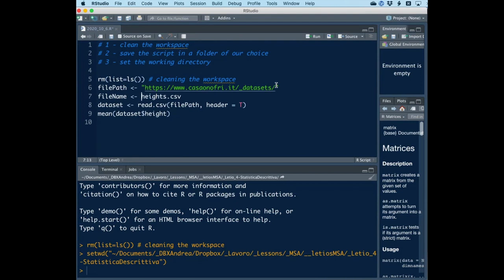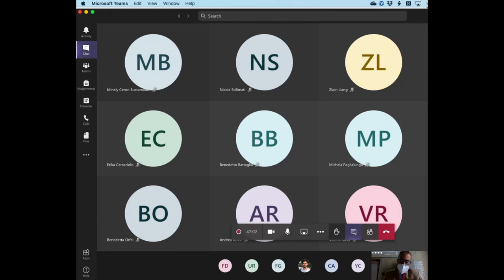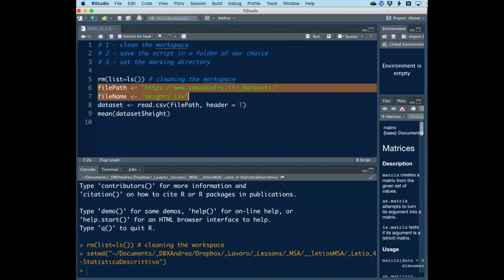So I'm writing a few character strings. The first string at line 6 is named file path. And you see it's something like an internet address, https://www.casaonofre.it/_datasets. I think the best I can do is to pass you these two comments over the chatbot so that you don't make mistakes.